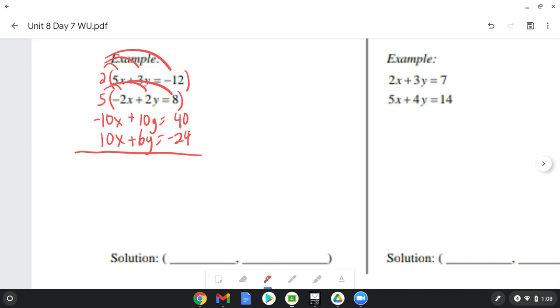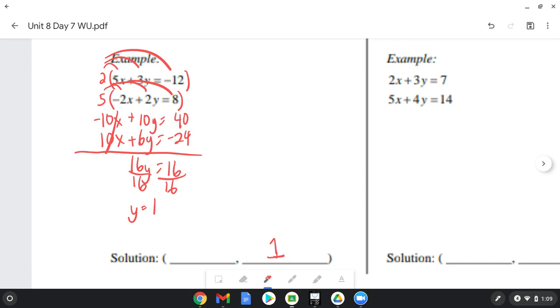And then just like yesterday, we're going to add these two equations together. So the 10x's will cancel. I'll be left with 16y is equal to 16 if we add 40 plus -24. We divide by 16 and we get y equals 1. So that's half of our answer, the 1 for y.